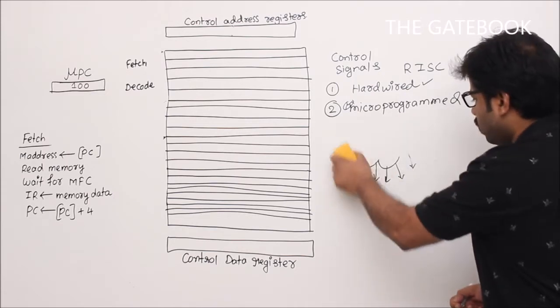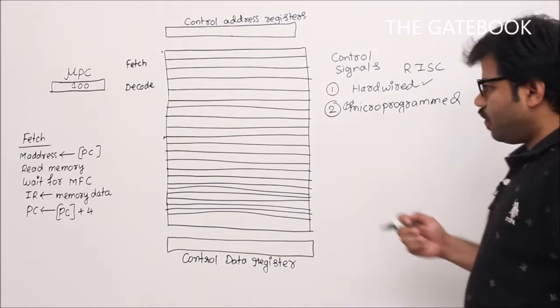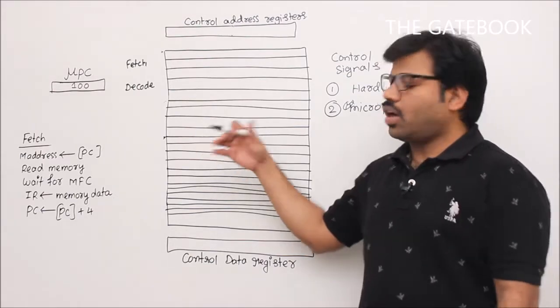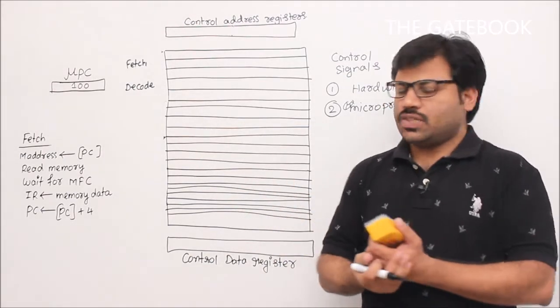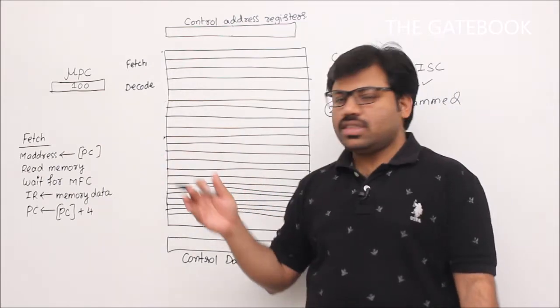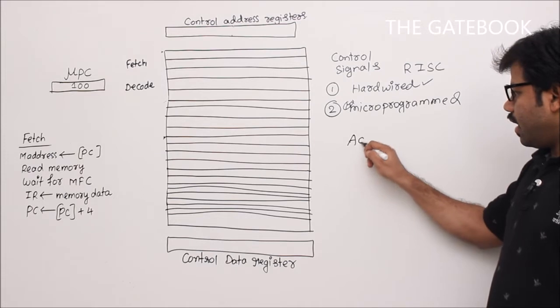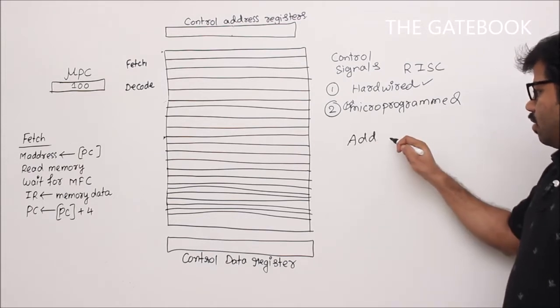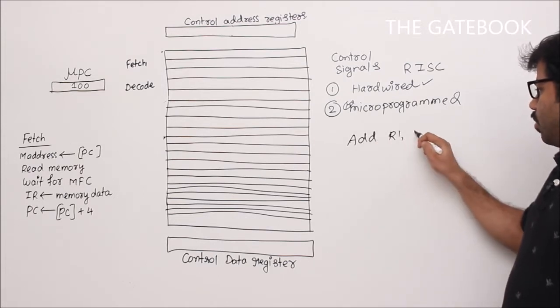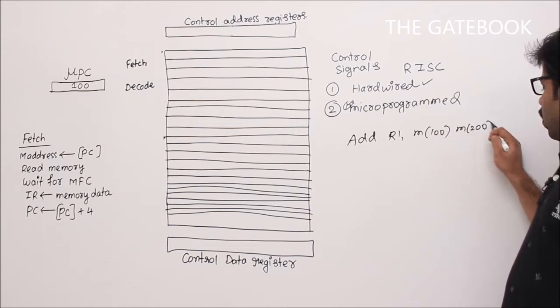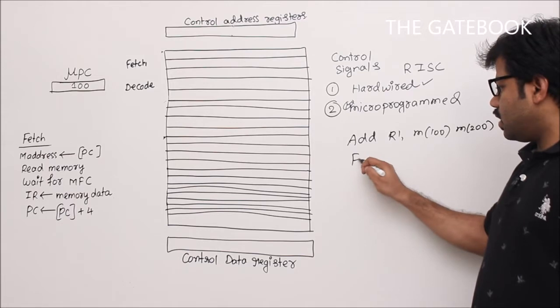Now, from now onwards we don't assume any particular instruction because we are going to talk about CISC kind of instructions. A typical instruction might be like this: add, again I'm taking this one, add maybe R1, memory of 100 and memory of 200. First of all we have to fetch this instruction, correct?